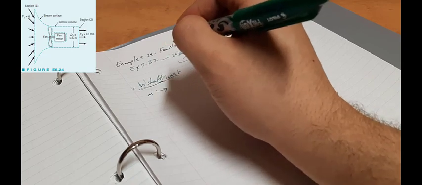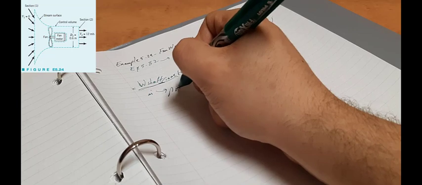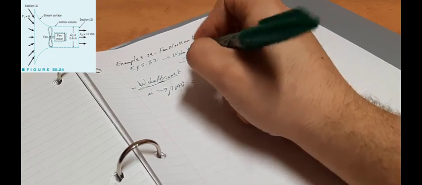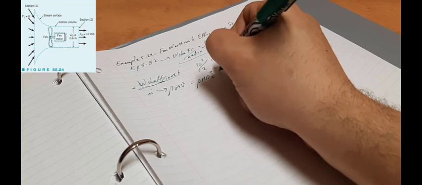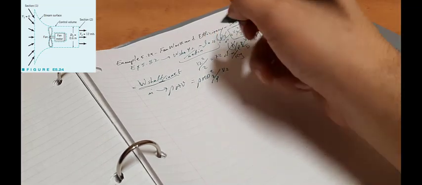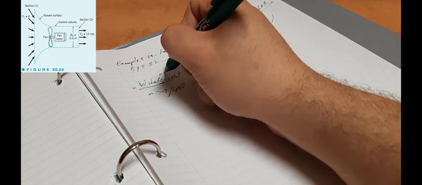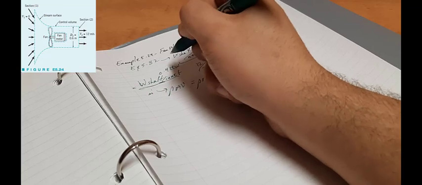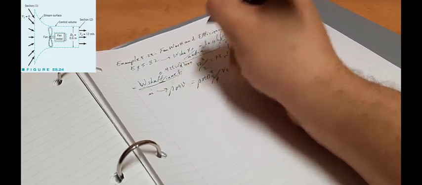This is equal to rho A V, which is rho pi D2 to the power 2 over 4 V2, multiplied by V2. This is 0.4 kilowatts multiplied by 1000 to be converted.